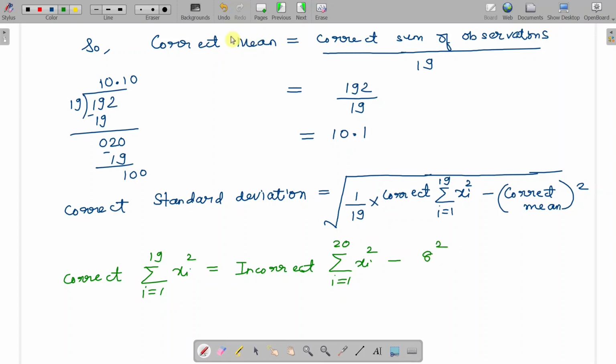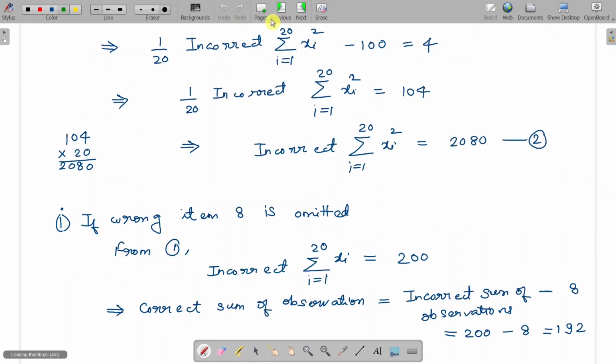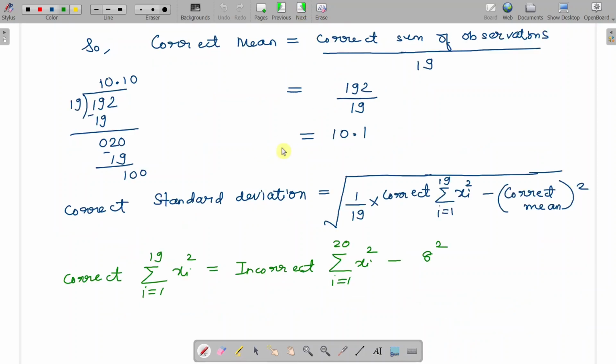So what is the incorrect summation xi square? It is 2080, right? So 2080 minus 64. This is from equation 2.